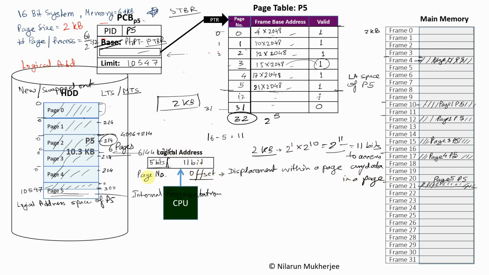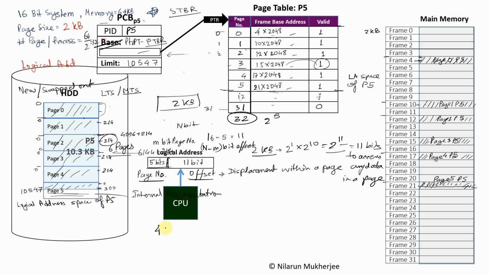So in paging, the logical address is broken into two parts: page number and offset. If the total is n bits, we have an m-bit page number and n minus m bit offset. That you need to remember.